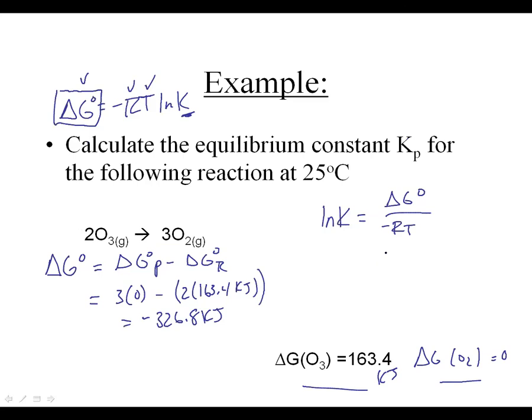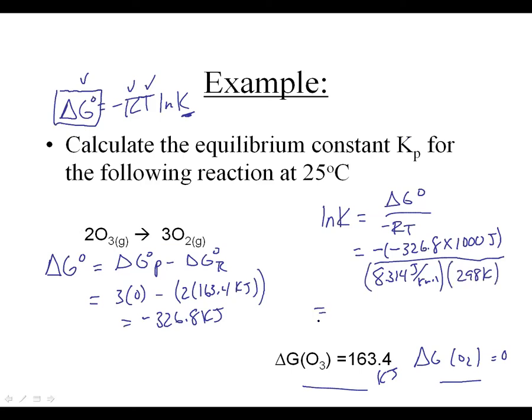Putting our numbers in here, we're going to take minus 326.8. Because of those units, I'm going to multiply by 1,000 to make sure everybody's in the right unit. The reason for that is our R value here is in joules, so everything cancels out correctly. 298 on our temperature.